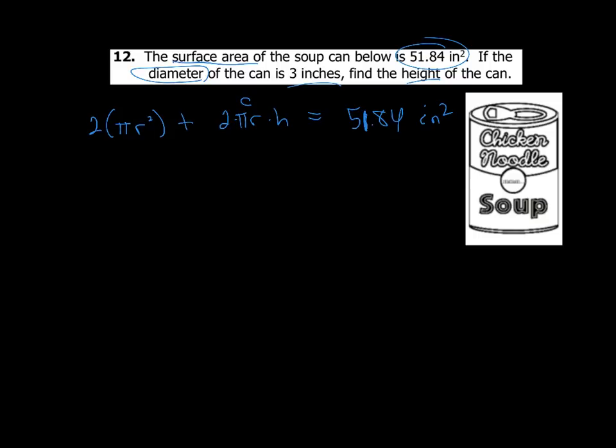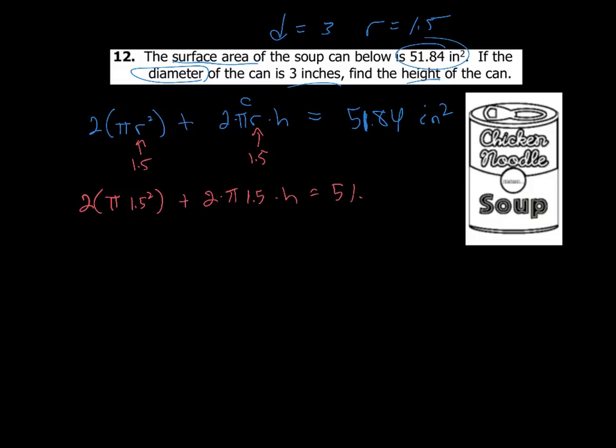Well, if the diameter is equal to 3, my radius is equal to 1.5. So anywhere I see r, I can put in 1.5. So that's 2 times pi times 1.5 squared plus 2 pi times 1.5 times h equals 51.84. Now what?